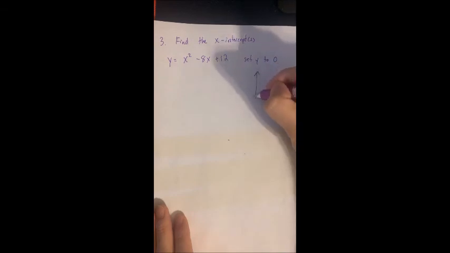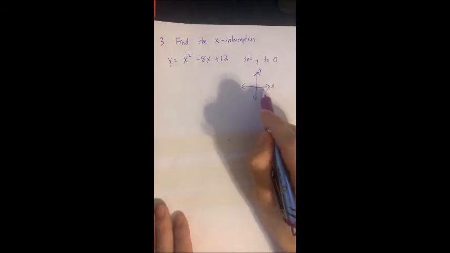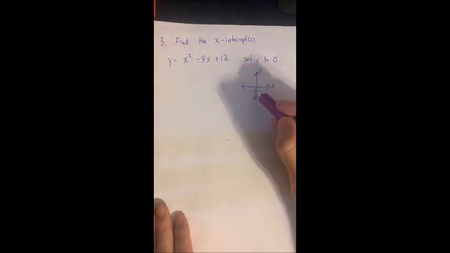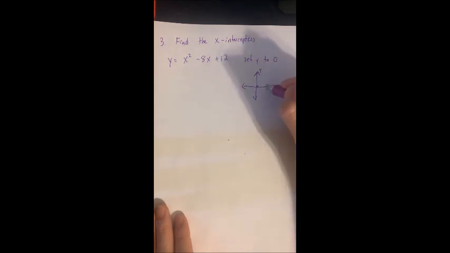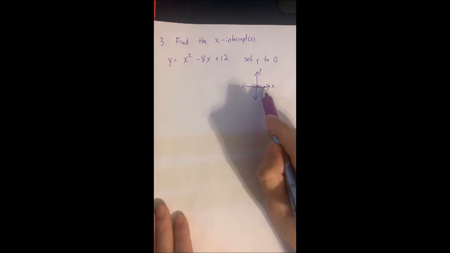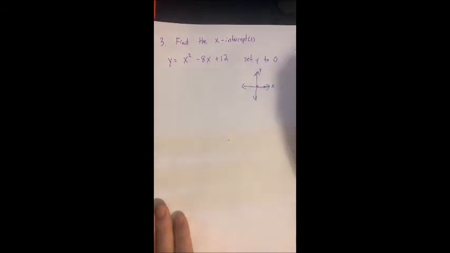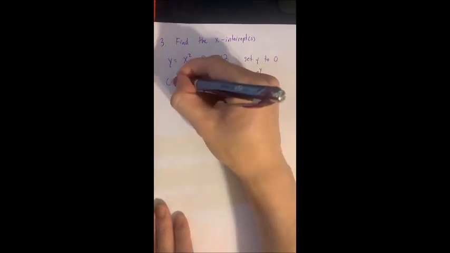So I'm on a graph here. Where it crosses this line here, the y coordinate is always going to be 0, right? So if we have an x-intercept there, it's going to be some x coordinate, and the y coordinate is always going to be 0. So that's why we set y equal to 0. So let's go ahead and do that.